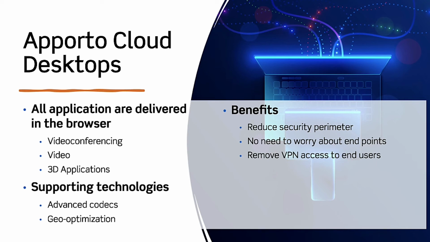We have that barrier there between the browser and their native desktop. We also have a strategy of geo optimization. We have data centers all over the country, and so we're able to position users close to their closest data center, and that also improves the overall latency and experience, giving that real native feel to the day-to-day use.